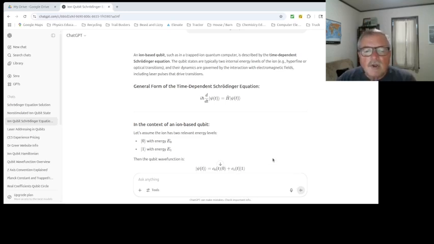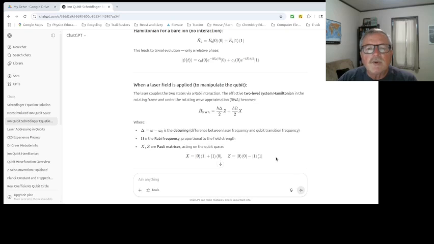Okay, let's keep moving along here. If we're only dealing with two energy levels, this is supposed to be an equal sign. I don't know why it doesn't show up very well as it's rendered here, but the Hamiltonian for the ion that's not being messed with at all is just the energy times these two things multiplied together. Here's the ket vector and the bra vector, bracket, get it?